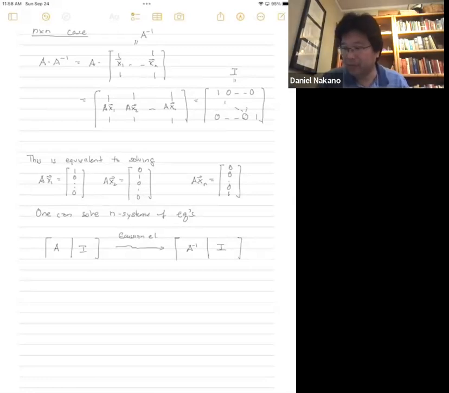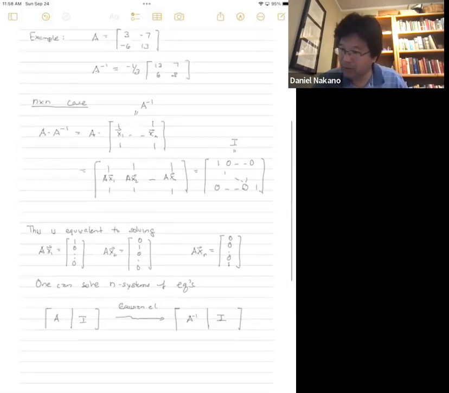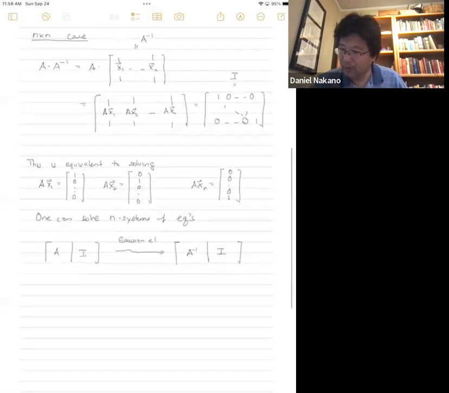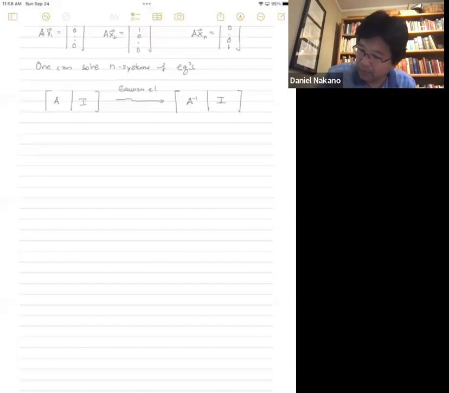Now, just to make sure that I'm not pulling a fast one on you, I think we should try this on the example that we've done before. So let's go back to the example and apply the procedure.